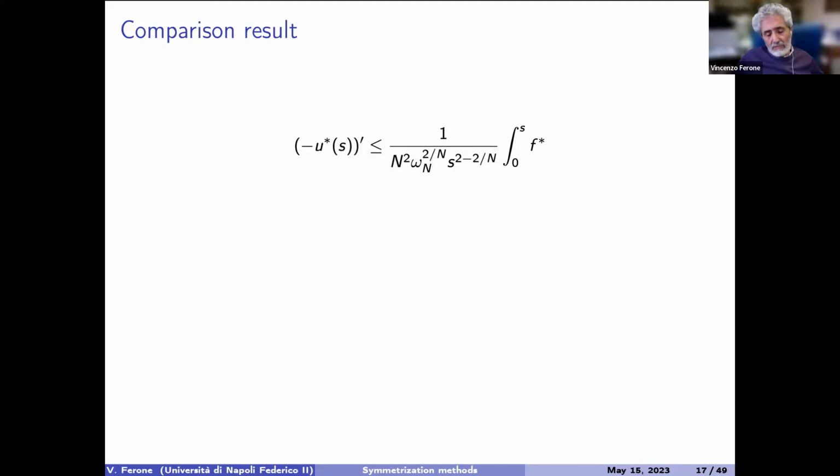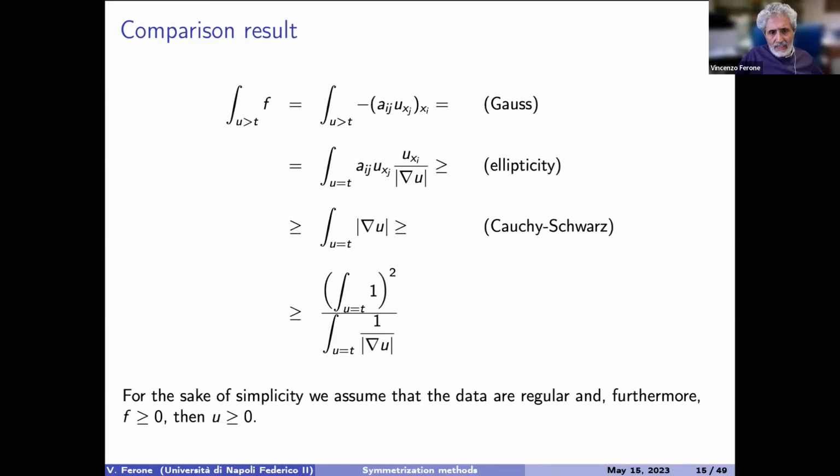So if we put, roughly speaking, mu of t equal to s, then we can write down this. Now, in every passage where I went from one line to another, I can immediately recognize that if u was already spherically symmetric and decreasing, all these inequalities were all equalities.